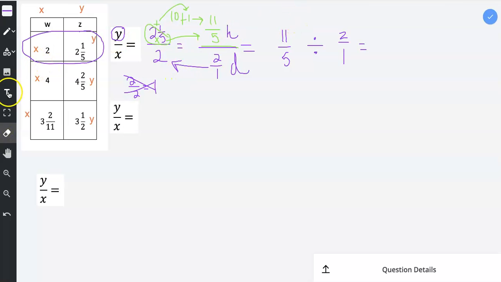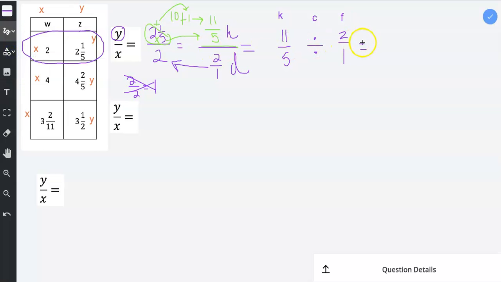Then we're ready to keep, change, flip. So we keep this part, we change this to a multiplication sign, and then you can say flip or reciprocal. So 2 over 1 we would flip and make it 1 over 2.